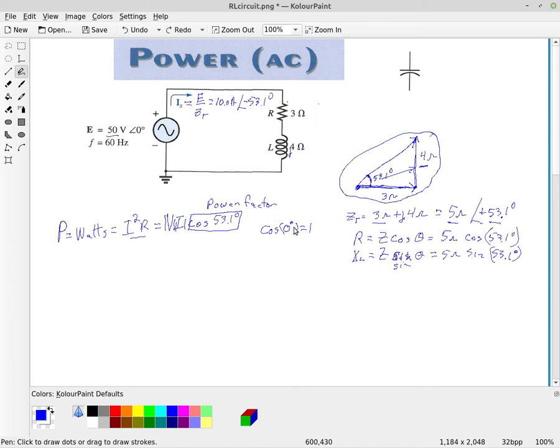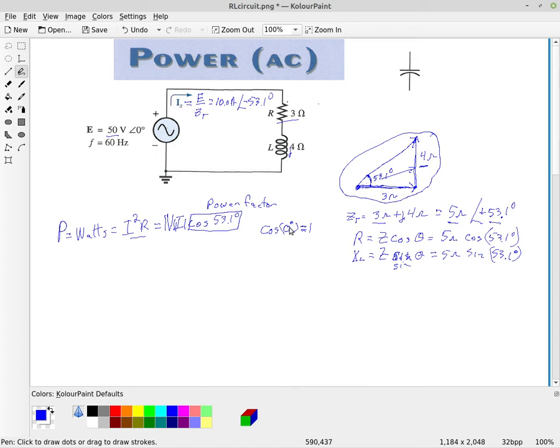So a cosine of 0 degrees means the power factor is 1, and you have total flow of power from your supply into your load resistance, meaning that if you do have inductors and capacitors in there, they're canceling each other out. Okay, so that's total.